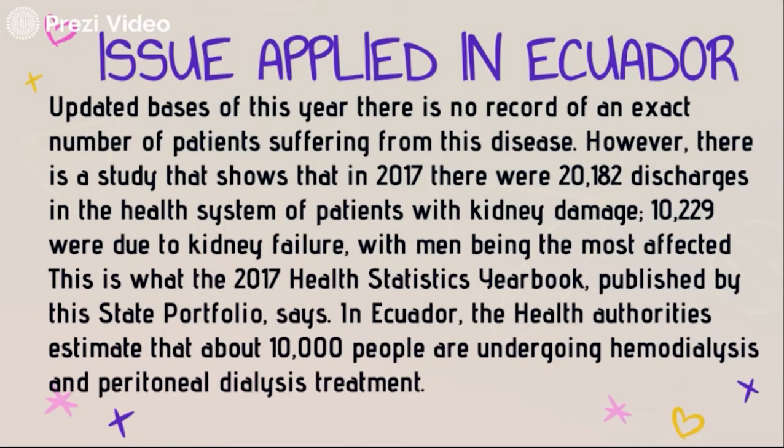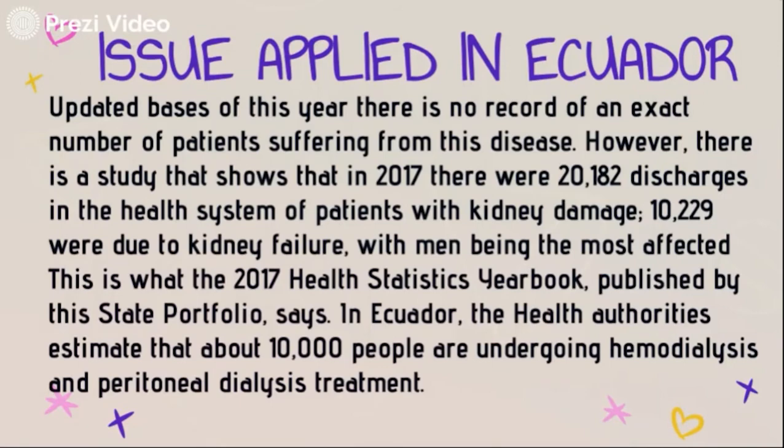This is what the 2016 Health Statistics Yearbook, published by this state portfolio, says. In Ecuador, the health authorities estimate that about 10,000 people are undergoing hemodialysis and peritoneal dialysis treatment.